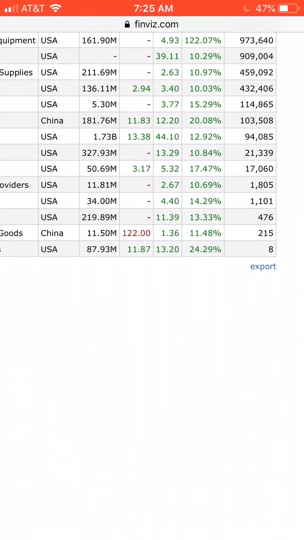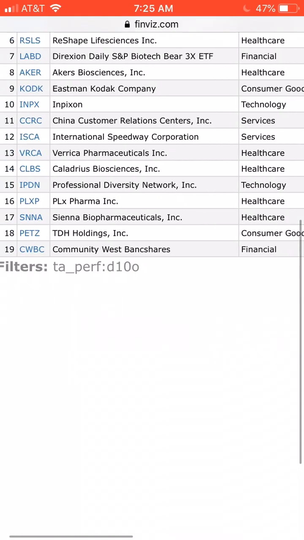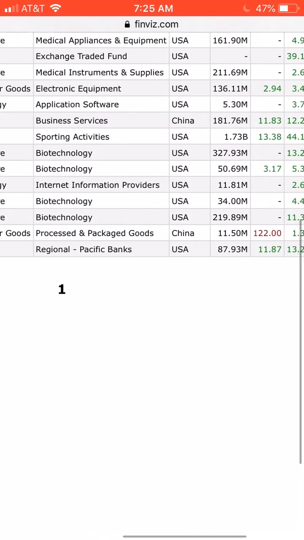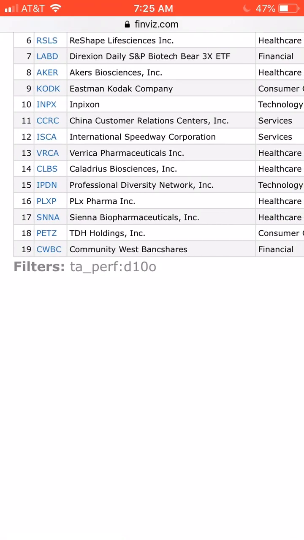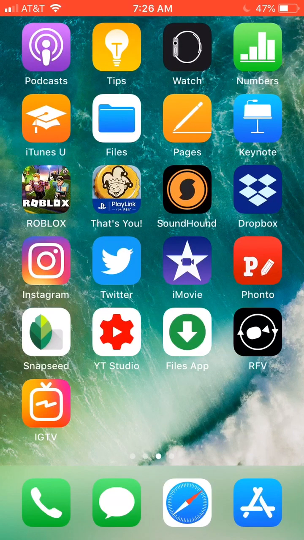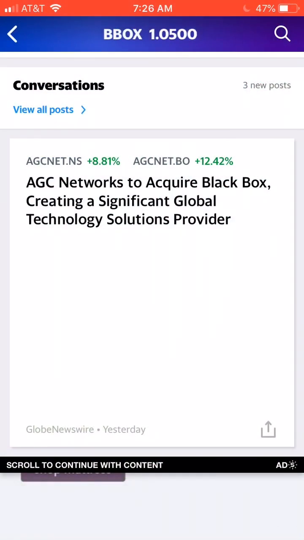So this one has gained over 100% already. Market cap is kind of high, but I could take a look at RSLS to see why did it gain over 100% today. So RSLS, okay, RSLS, I'll look at Yahoo Finance.